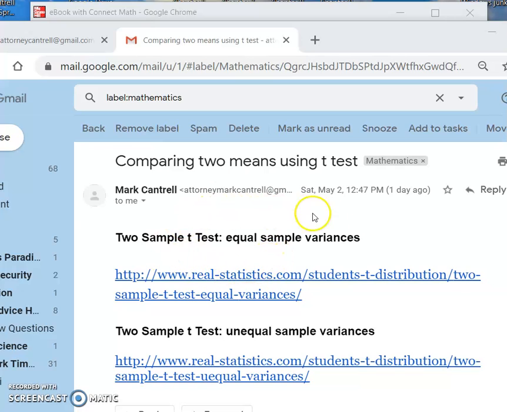So in any event, here's the answer to that question. What happens if you have equal sample variances? And then here's the same website, a different page. This is what happens if you have unequal sample variances. So if it's unequal sample variances, well, then we just do what the author says to do. This is where you have equal sample variances.